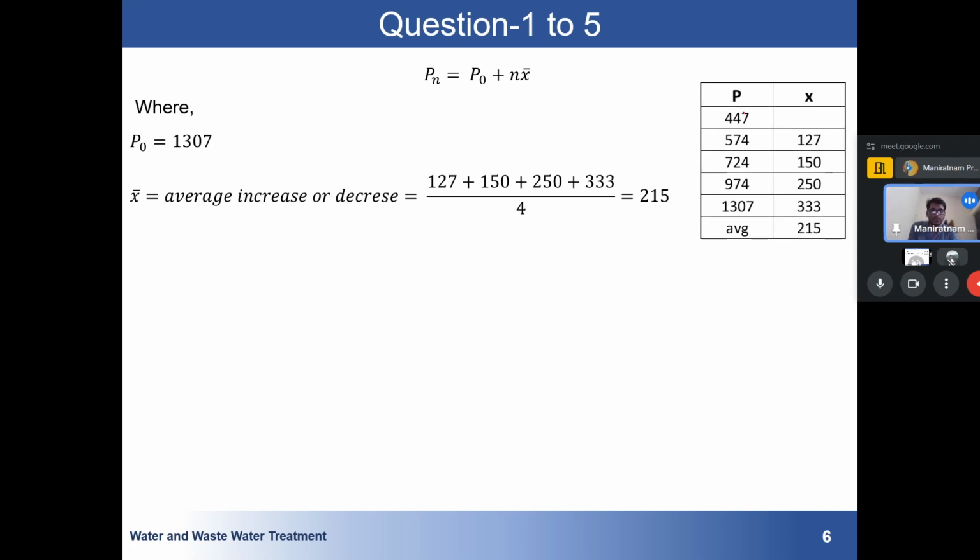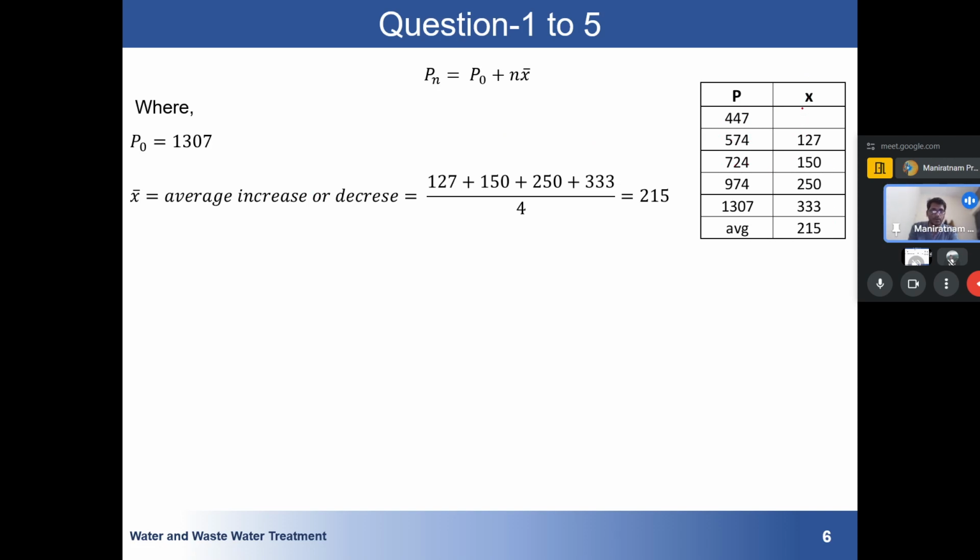Our population in 1971 was this one, and in the next decade it was 571, and in the next decade this. So we try to find our x value, that is the increase. It will be this minus this, which equals 127, then 724 minus 574 is equal to 150.